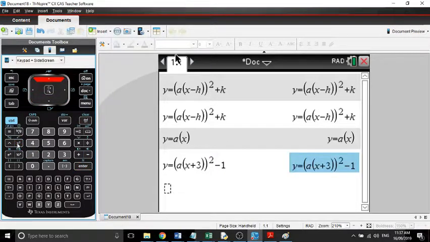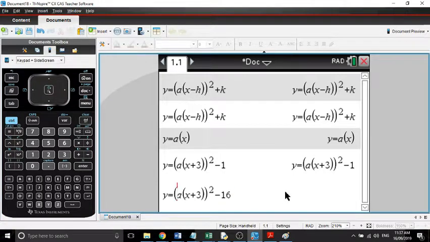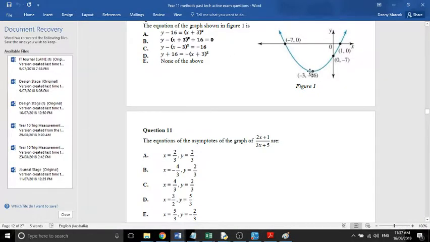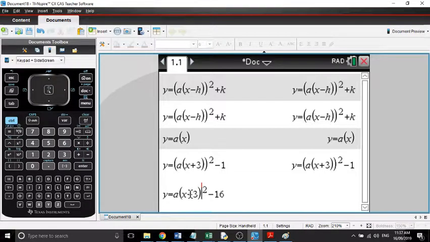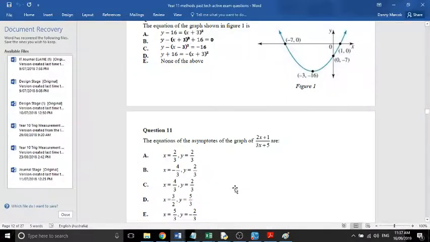Of course, that doesn't work as I first wrote it. We're going to delete that because a may as well be squared. So that's what we've got because we've got a turning point here at -3, -16. Sorry, plus 3 means it's -3, and -16 there.